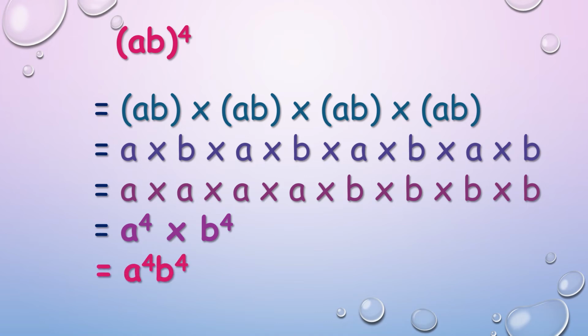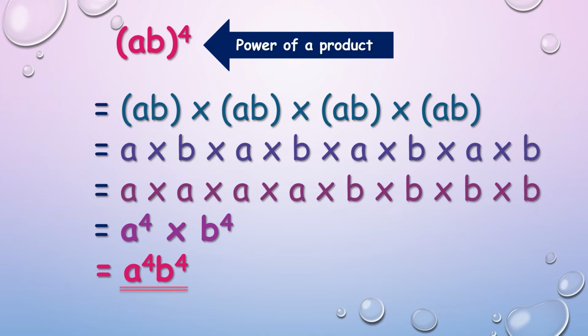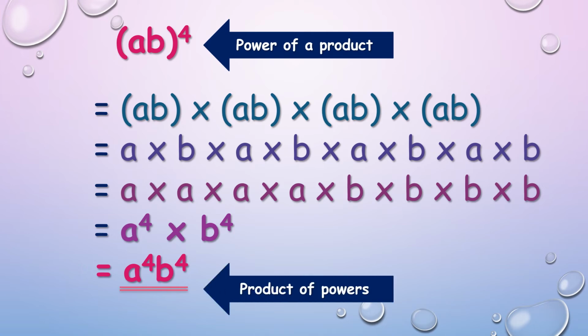So it is A to the power 4, B to the power 4. This is the answer. And the first one is a power of a product. And the last answer is a product of powers. There is a product. We remove the multiplication sign, but it is a product.